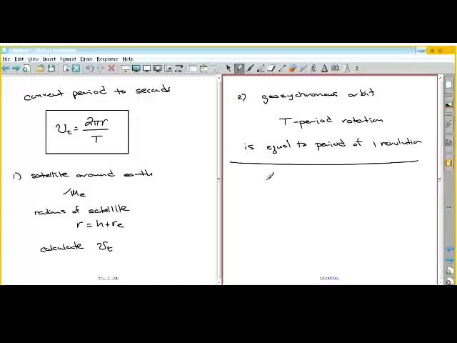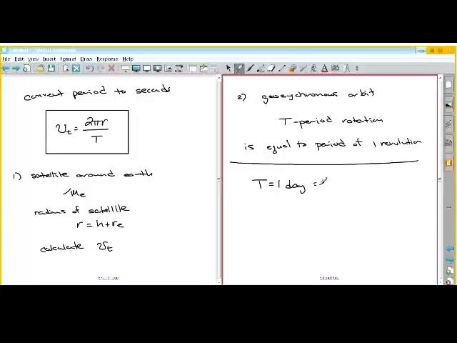So, as an example here, if I wanted a geosynchronous orbit for a satellite around the Earth, I would know from geosynchronous that the period is equal to 1 day.